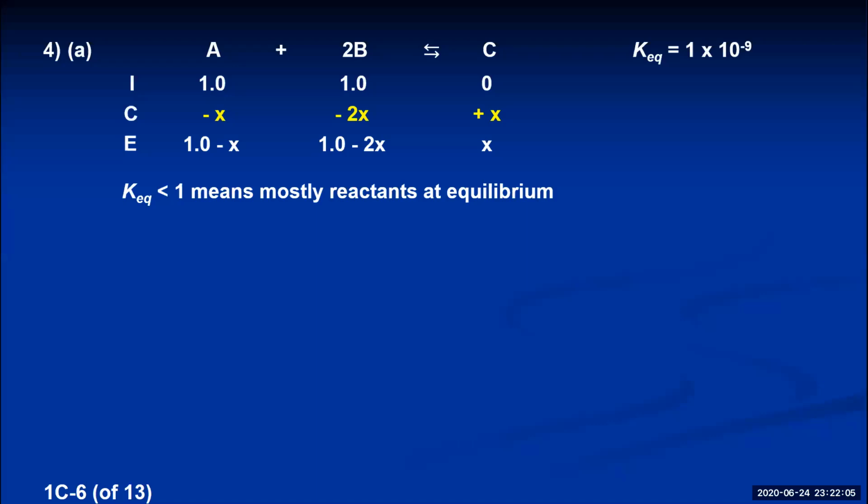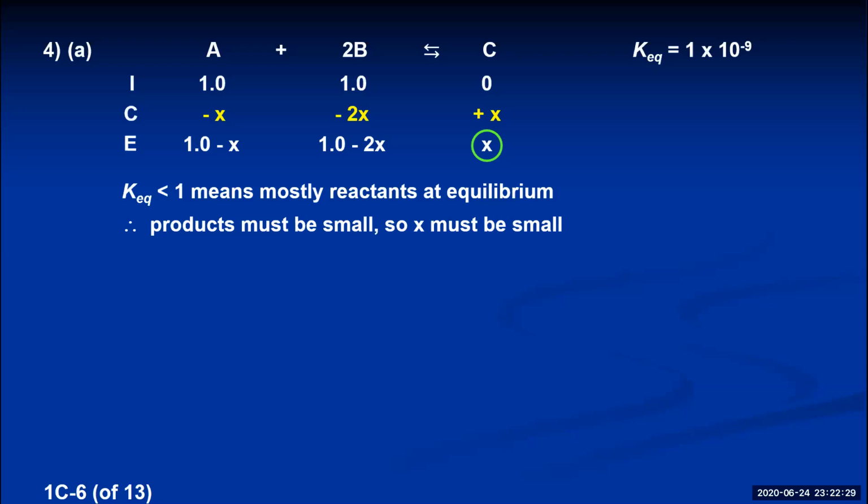So your two equilibrium values for reactants are going to be big numbers. So the 1.0 minus x is going to be a big number. The 1.0 minus 2x is going to be a big number. But then the products has to be a small number, and look what your product is. It's just x. If that has to be a small number, then that automatically means that x must be small.